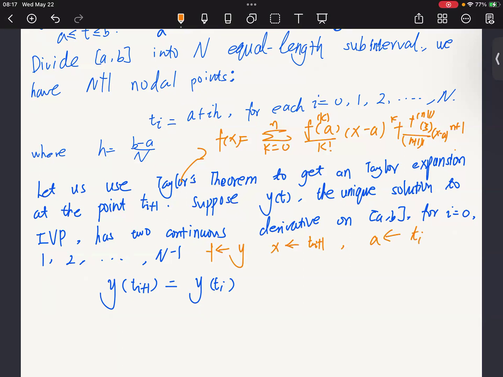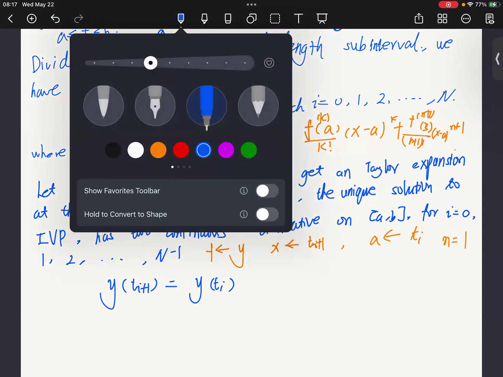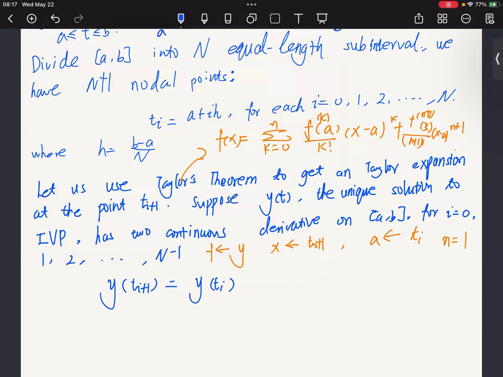Also, because we assume that we have two continuous derivatives, we can have the second derivative, which means that we set n equals 1. So now we set n equals 1, and let's get the Taylor expansion for the y function, and we got this.